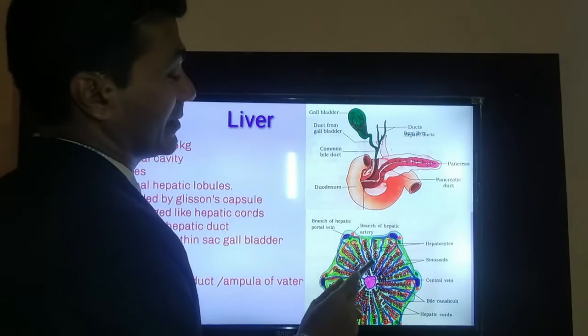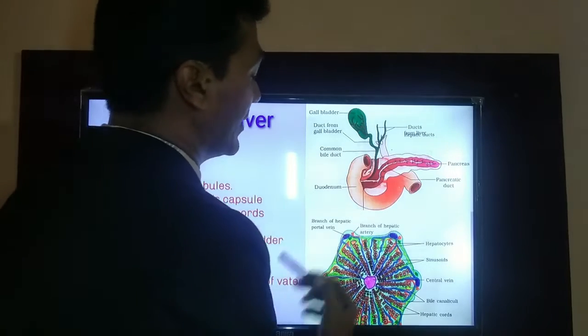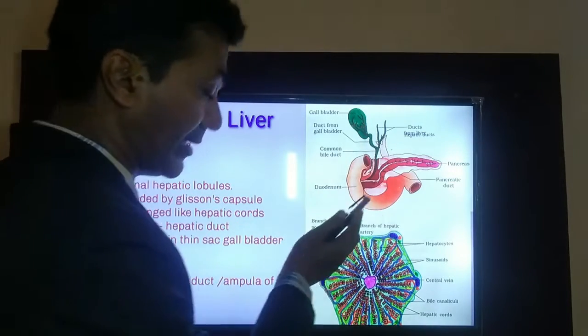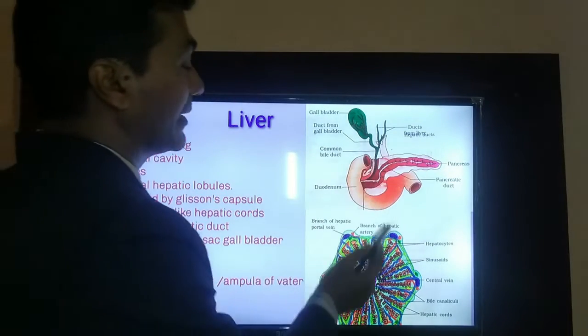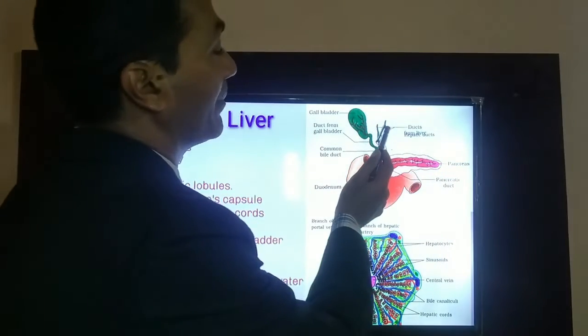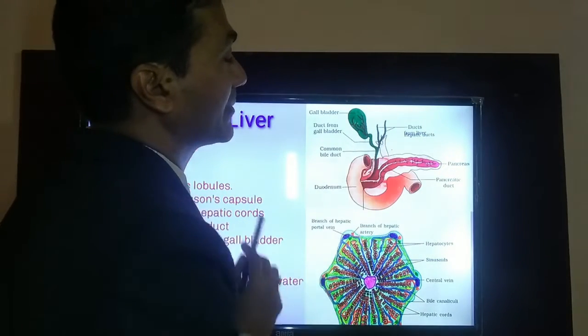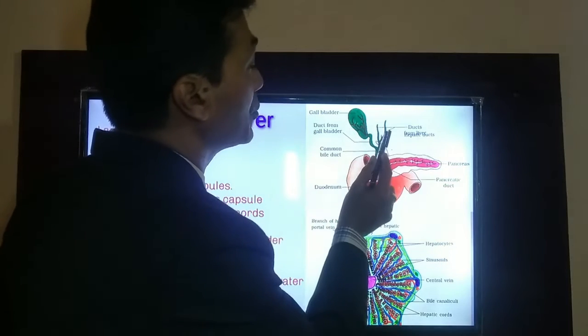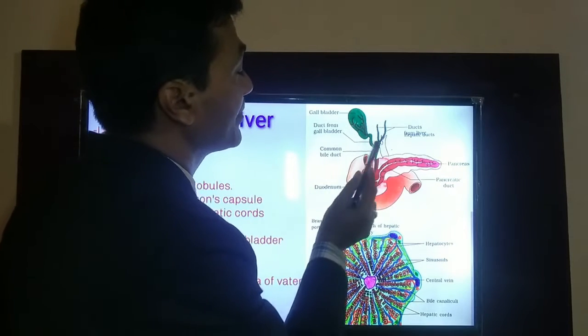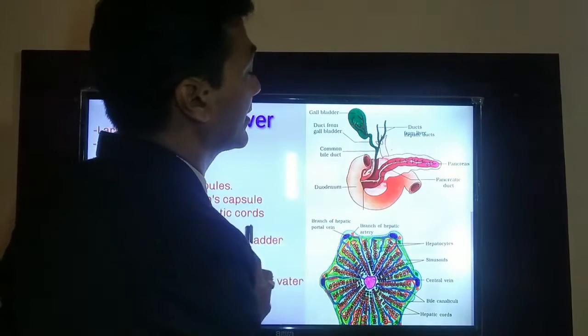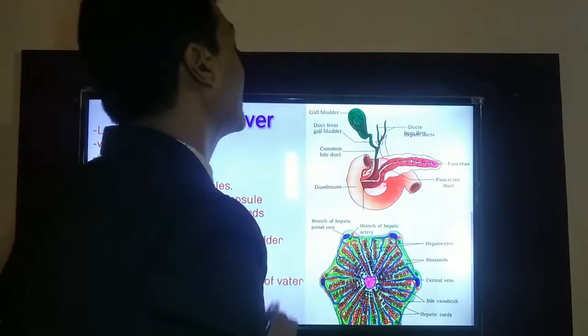Once the bile is secreted from each hepatic lobule and each of the cells, it is carried by the hepatic duct. Right and left, these are the two hepatic ducts. These two hepatic ducts travel and attach to another duct arising from the gallbladder.